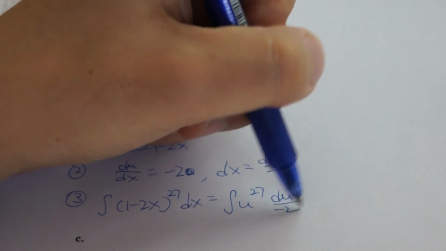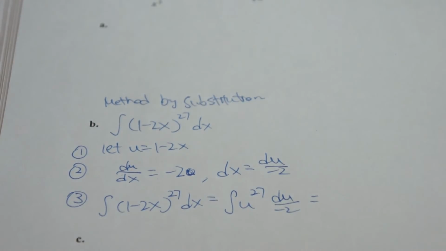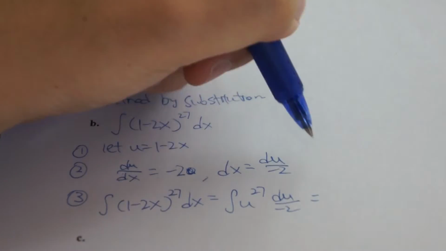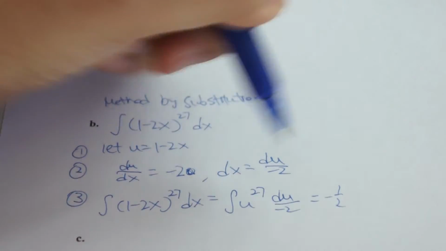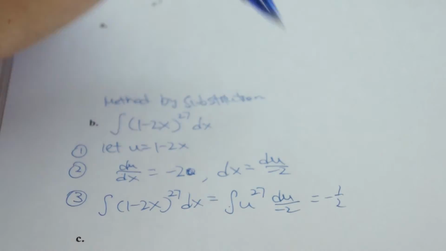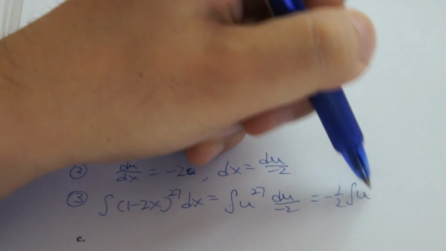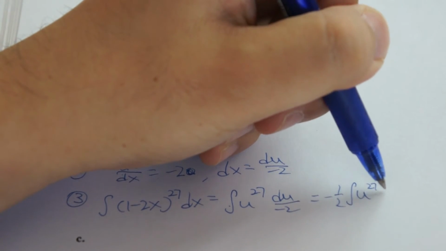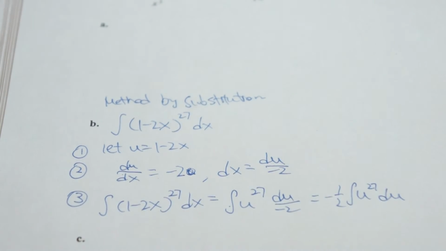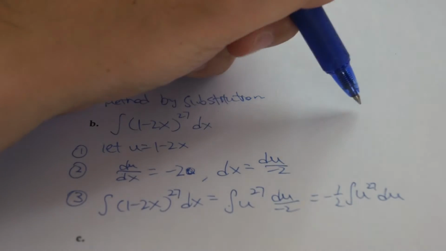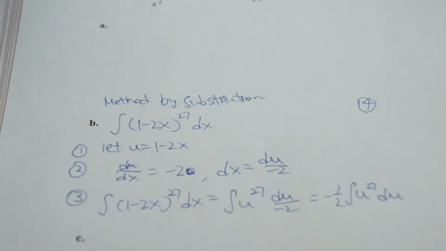Going back to here, take out this constant to become 1 over minus 2, and then the integral of u to the power of 27 du. At the end, go to step number 4.